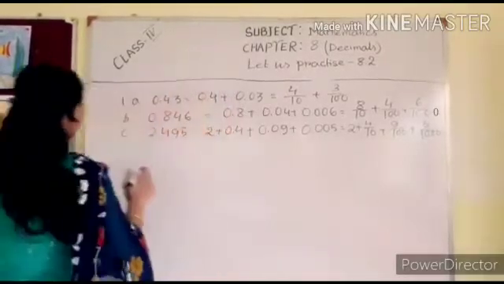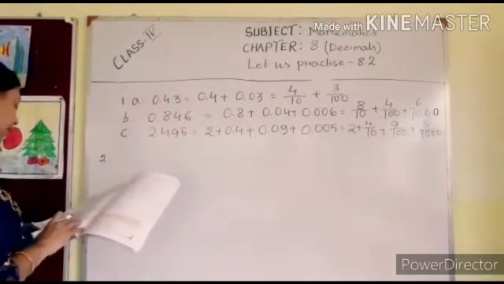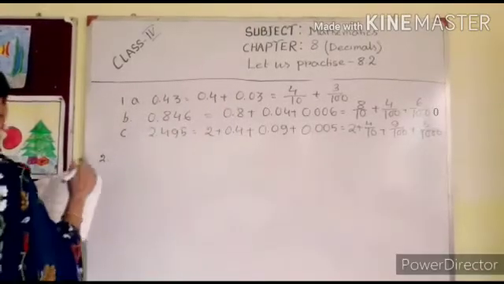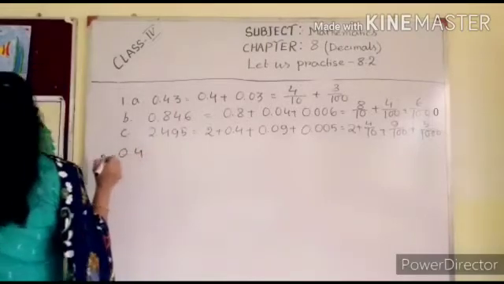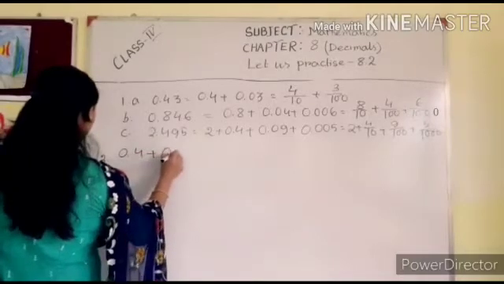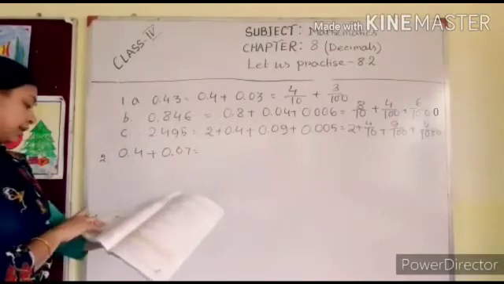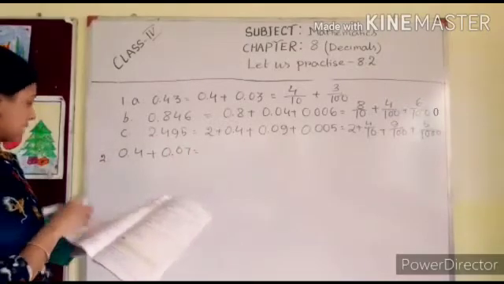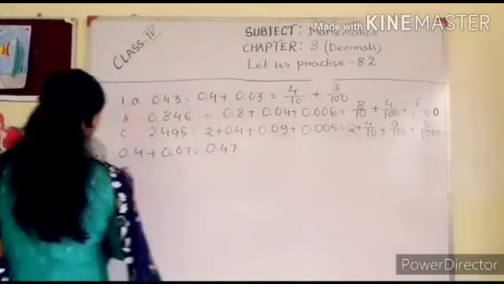Okay. Number 2. Write in the short form. Here is the expanded form, you have to write all this in short form. 0.4 plus 0.07. So after this will be 4, so the answer will be 0.47.